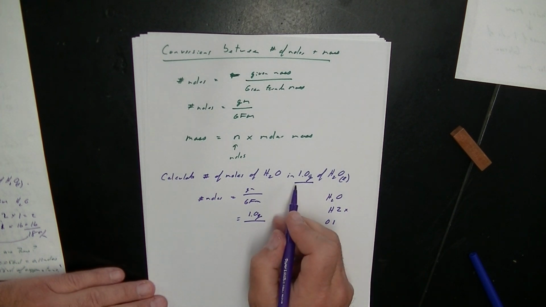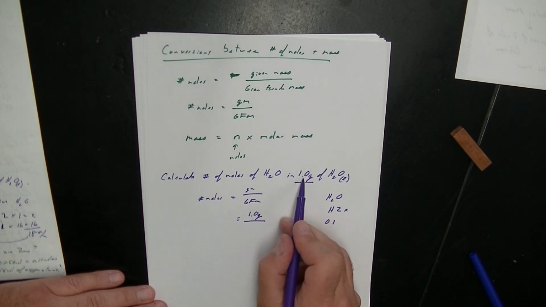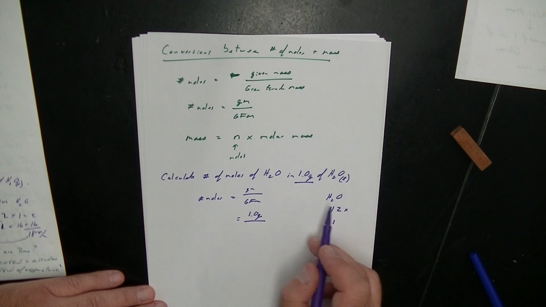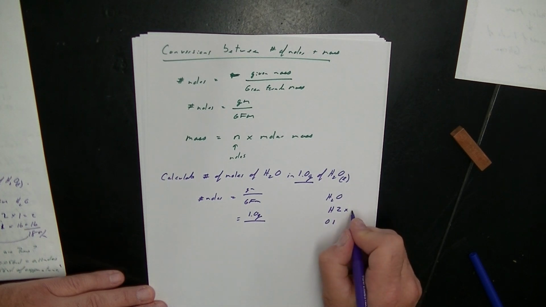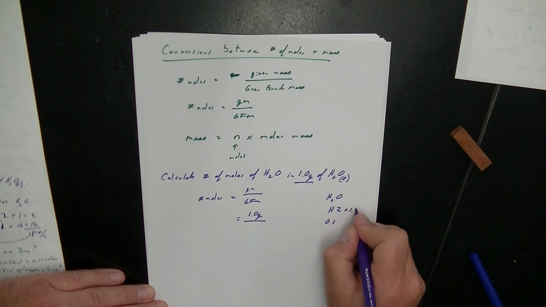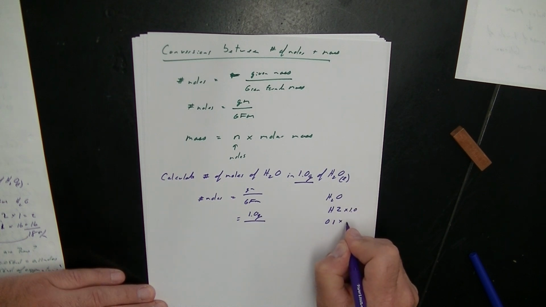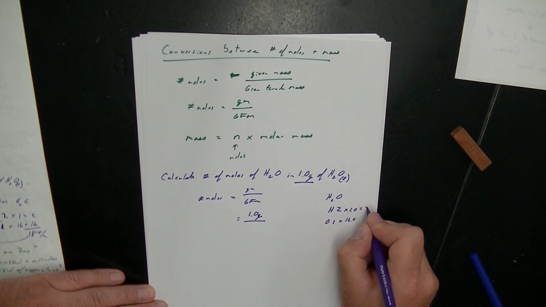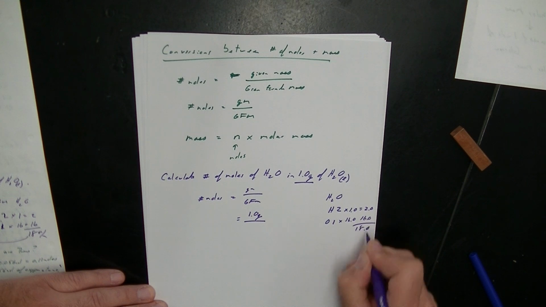Hydrogen. Okay, so now this is to the 10th place, so this probably should be to the 10th place. So hydrogen would be 1.0. Oxygen is 16.0. So this would be 2.0, 16.0, so we get 18.0 grams per mole.